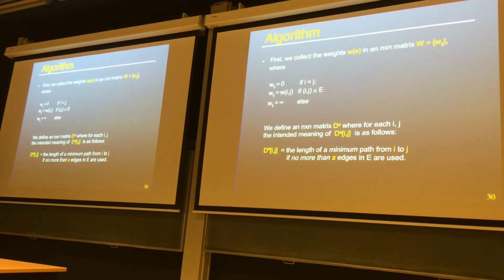Because it's not possible to go from i to j if i is not equal to j by using any of these edges. What is, for example, D^1_ij? So what is the length of a minimum path from i to j if no more than one edge in E is used?